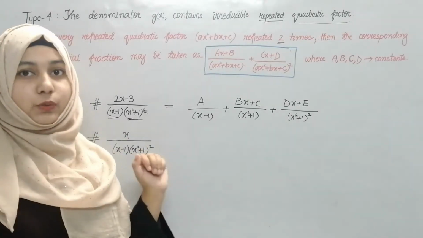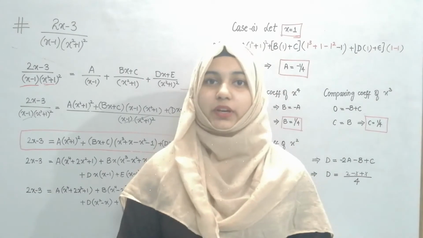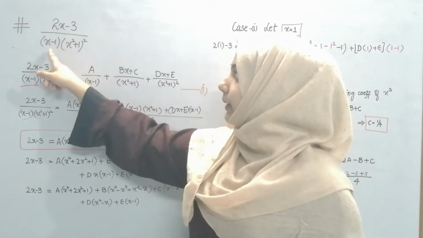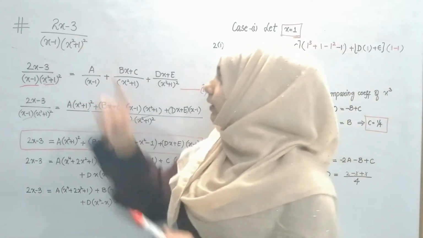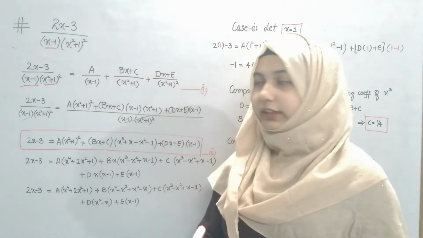Let's do one example so that we can get a clear idea. Let us take this question: (2x minus 3) by (x minus 1) into (x square plus 1) whole square. Clearly, this term is a linear factor.